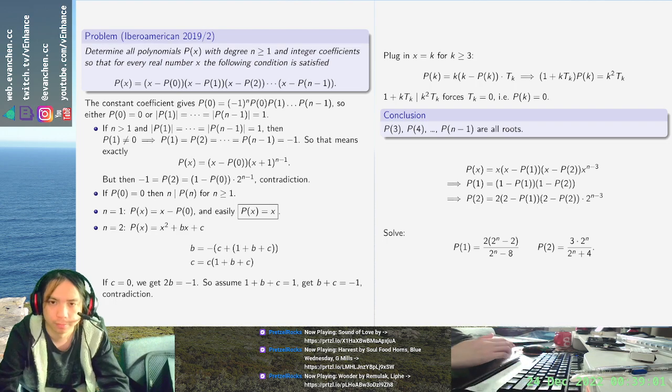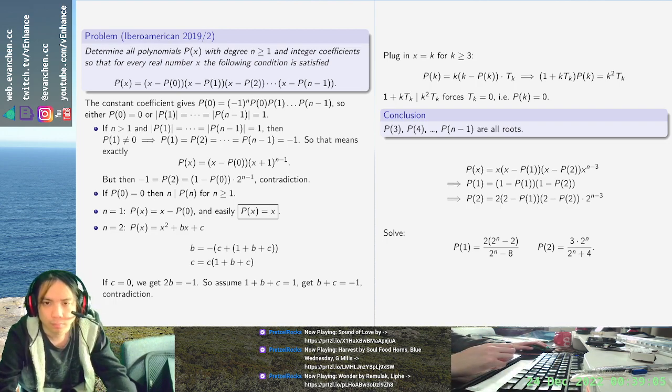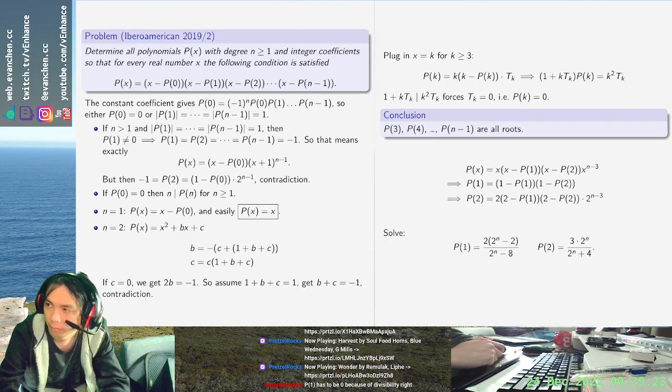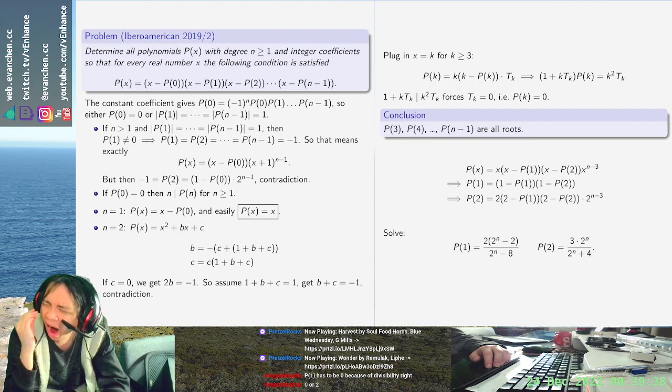Let me verify there's actually no solutions for that. Okay, yeah, so this should just never work, right?